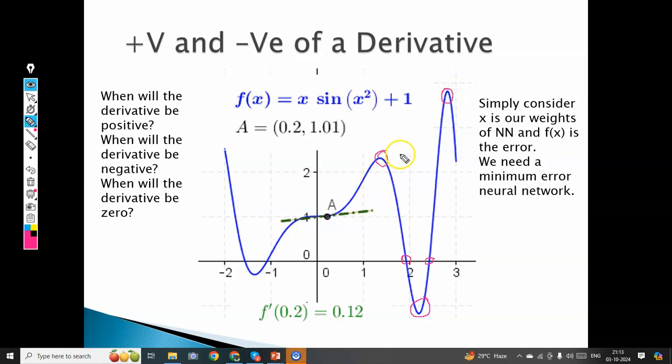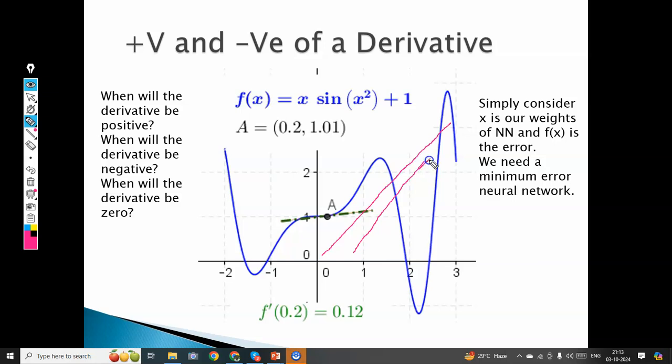Now we have to see what is the positive and negative of derivative. First, if you draw a line in this direction, lines parallel to these give the positive slopes.